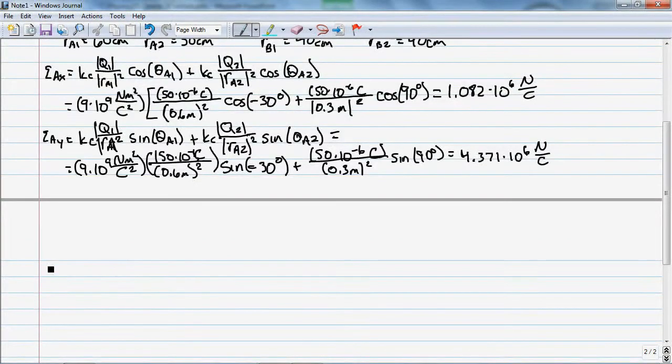And I can find the total electric field at A. It's going to be the square root, and the magnitude is just going to be the Pythagorean theorem.